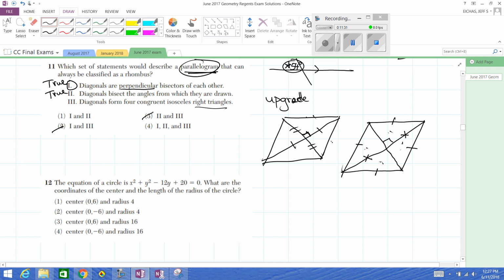Diagonals form 4 congruent isosceles right triangles. Oh, they don't have to be isosceles to be a rhombus. Isosceles would make these the same. That doesn't have to happen to make it a rhombus. If it does, it still is. It's a square. Okay. Oh, but that's allowed too.